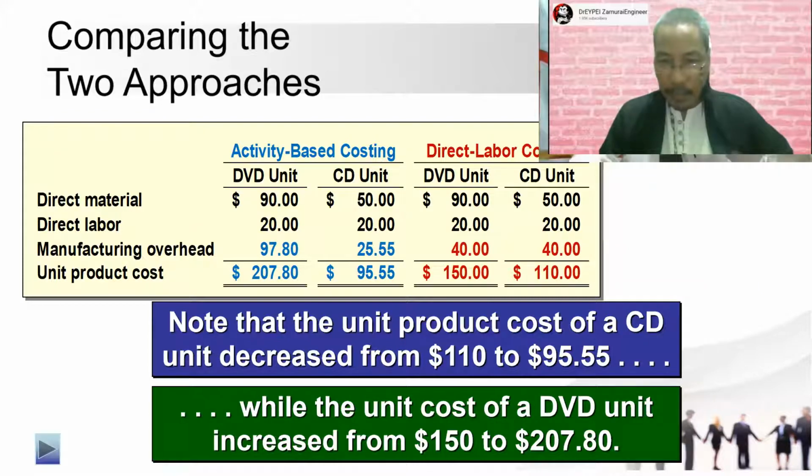So $95.55 is less than $110 when making CD, and $207.8 is greater than $150 when making DVD. Note that the unit product cost of a CD unit decreased, while the unit cost of a DVD unit increased. So that is how we compare the two types of costing method.